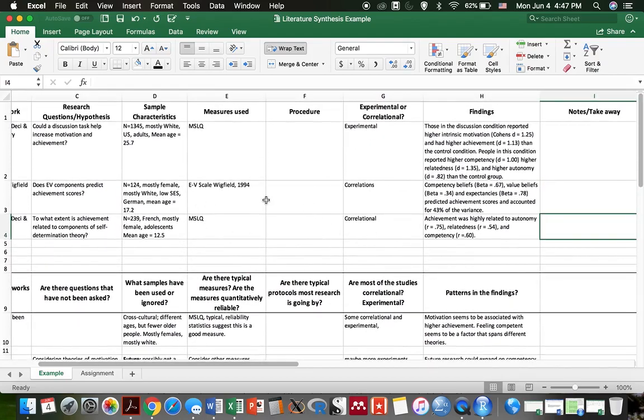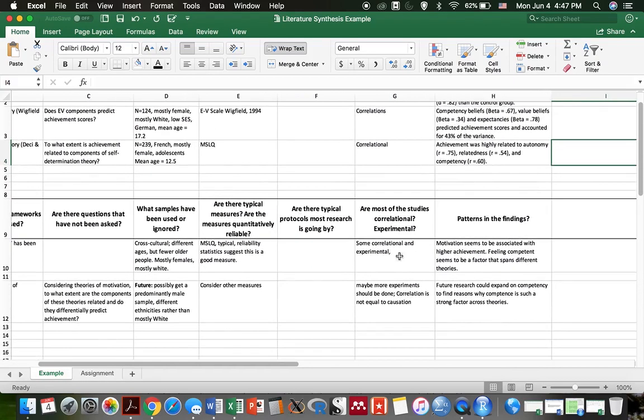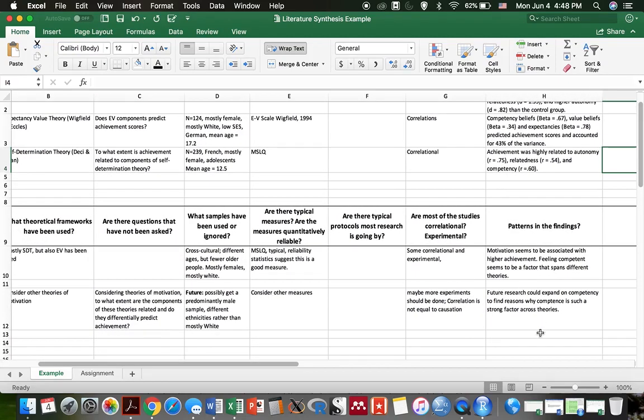Okay, so that might be a pretty substantial thing to consider because it spans theories and it's been found in several studies. Now I think, okay, well, future research could expand on competency to find reasons why competence is such a strong factor. All right. So these are things that I wrote down here. You may not have as much to write down here, and that's fine. This is more for your understanding of the article and to keep it organized.